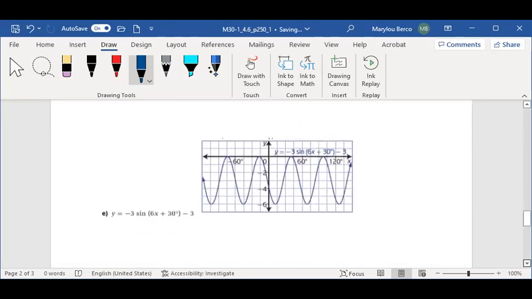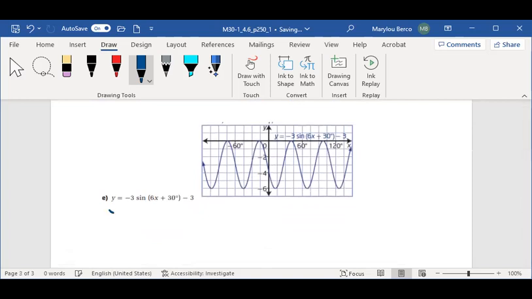E. Here we have y equals negative 3 sine 6x plus 30 degrees minus 3. So we're going to rewrite this as y equals negative 3 sine 6 x plus 5 degrees minus 3.